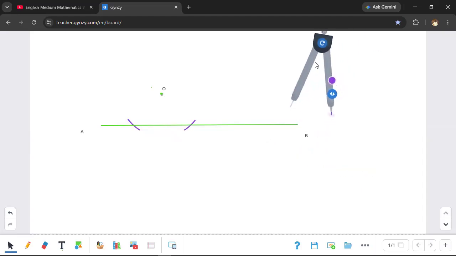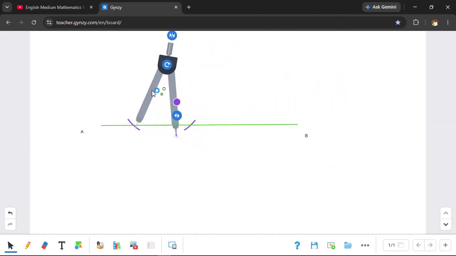Then again I will take my pair of compasses and place the point on top of this intersecting point.